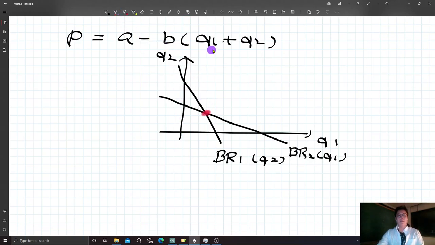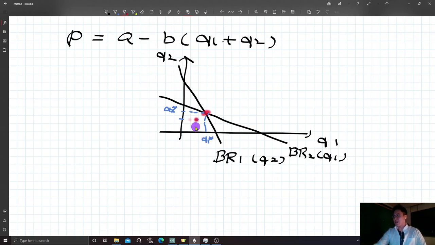So if these two firms make a coalition, make a cartel, and then each firm produces less than the equilibrium quantity. Equilibrium quantity was here, Q1 star and Q2 star. But now, instead of choosing this equilibrium quantity, they make a cartel, and then choose some quantity less than the equilibrium one.